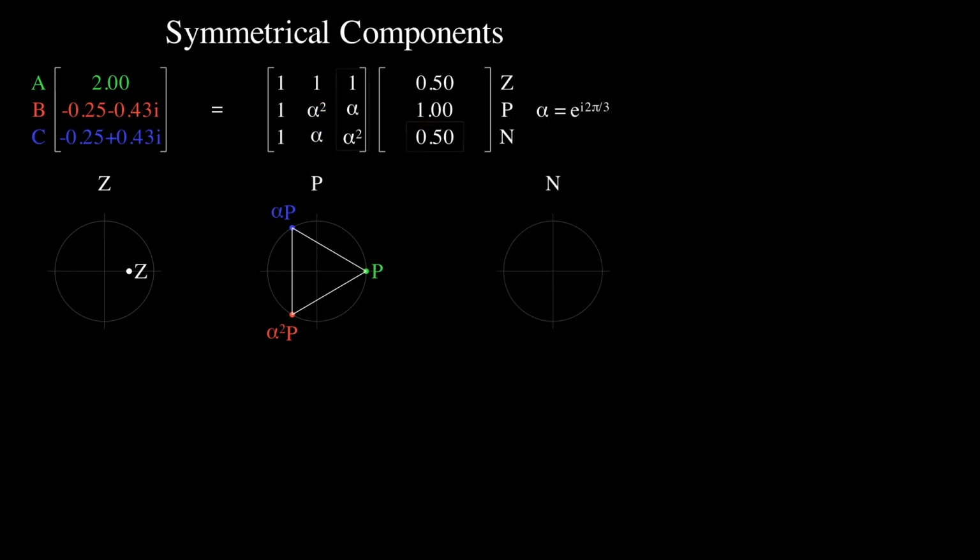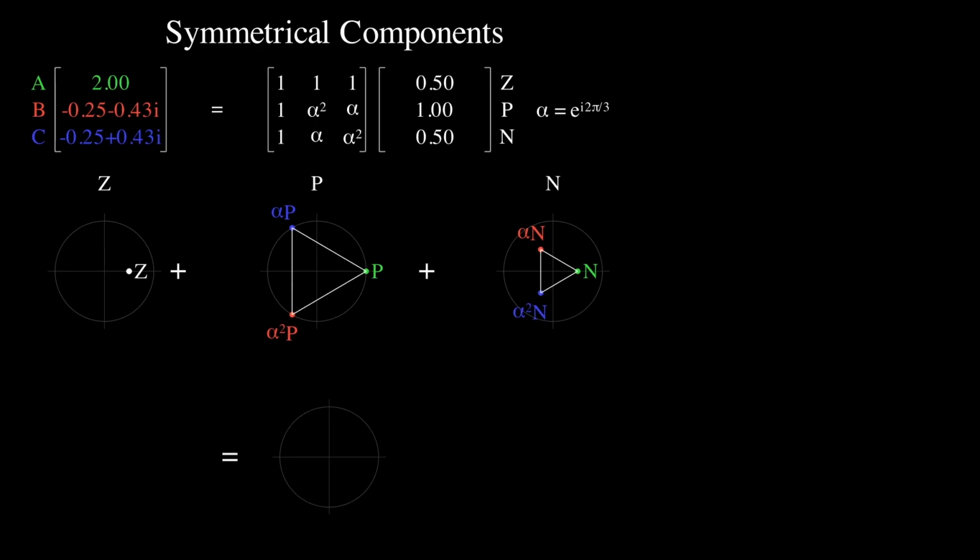Multiplying n down the right column of the matrix produces 3 points that form an equilateral triangle which traces in a counterclockwise way. So n is associated with negative rotation. Z represents a set with zero rotation because the ABC points have no rotational order on the Z chart.